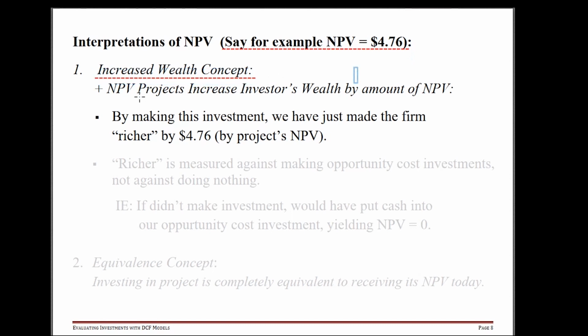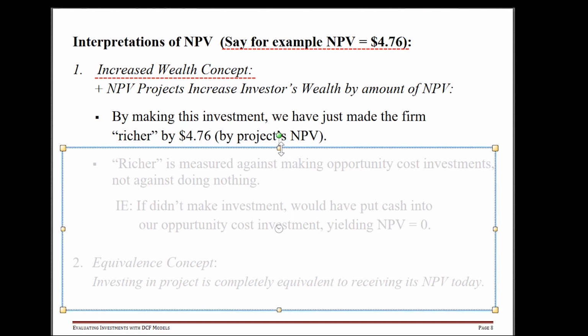And it says that positive NPV projects increase the investor's wealth by the amount of the NPV. So in this case, where the NPV was $4.76, we would say, if we go ahead with that project, if we make this investment, we've just made the firm richer by $4.76. And I showed you how that actually does work. It's really true in the lecture for handout 11.